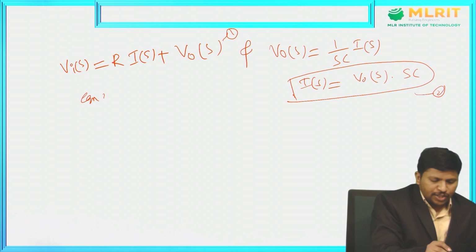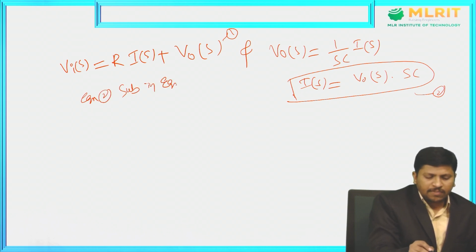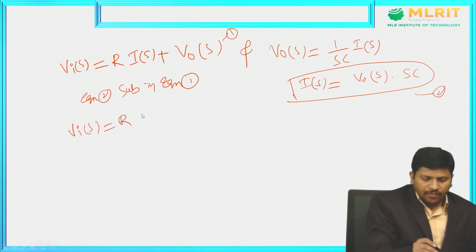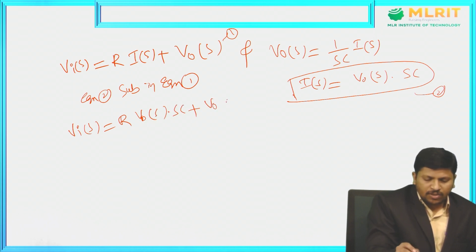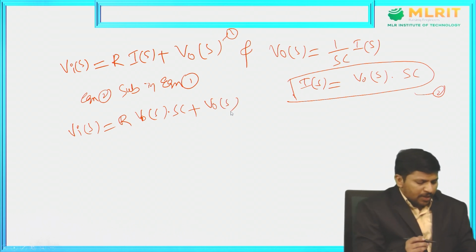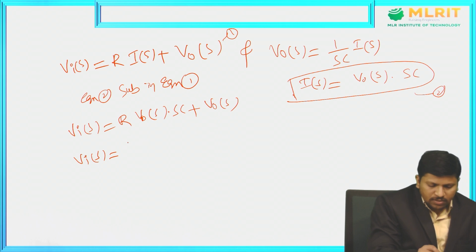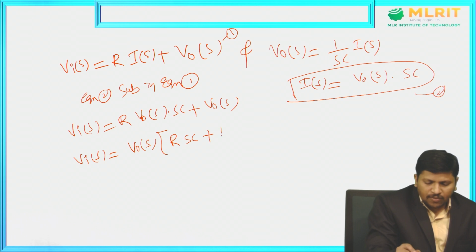Substituting equation 2 in equation 1, Vi of s equals R into V output of s into sC plus V output of s. Taking V output common, we get R into sC plus 1.